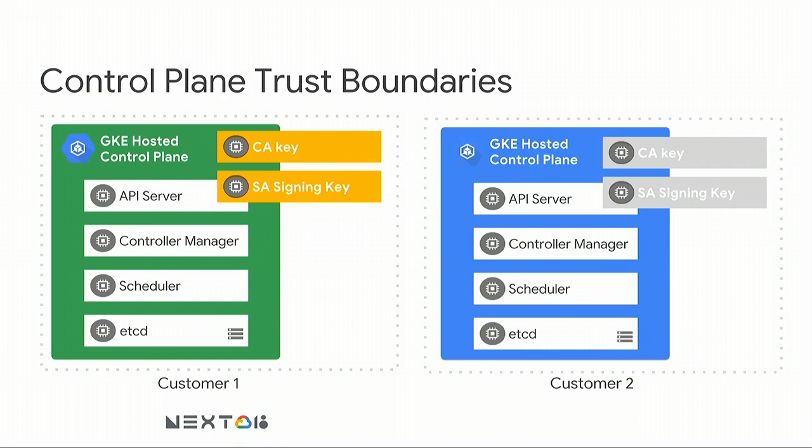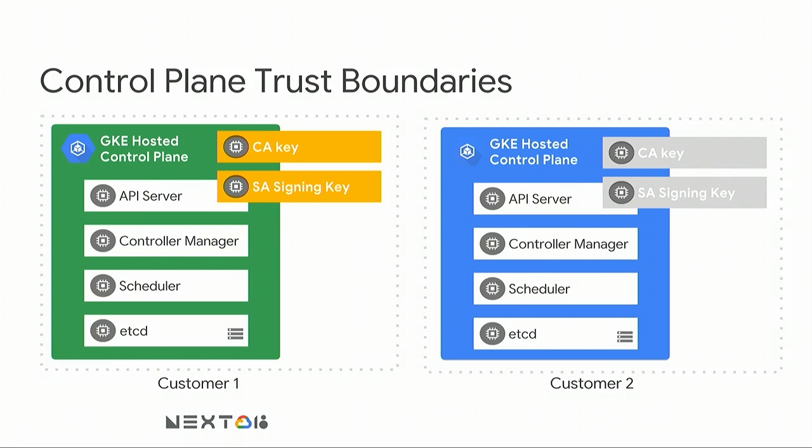So Greg gave us a good overview of what GKE provides you in terms of the managed node environment. But a lot of what you think of the security that GKE provides you is the managed Kubernetes control plane. So on GKE, each cluster control plane is separated by a VM boundary from every other cluster control plane.